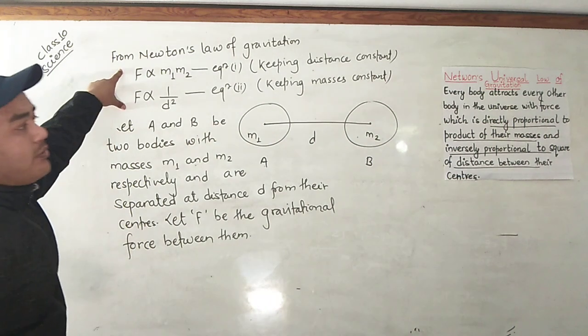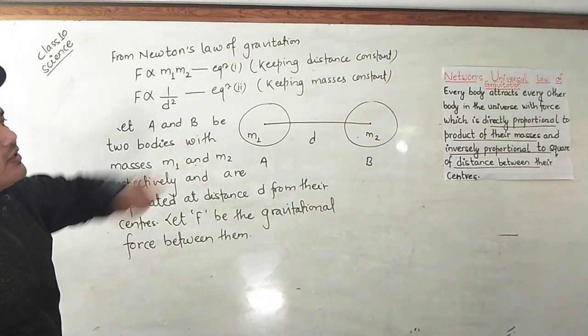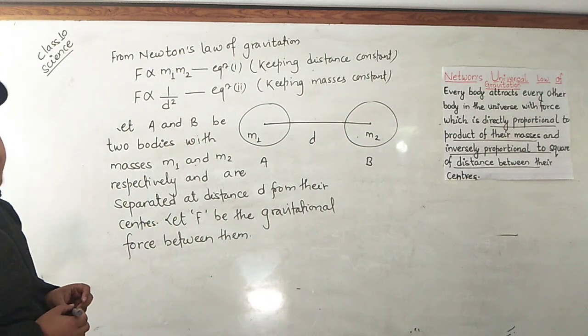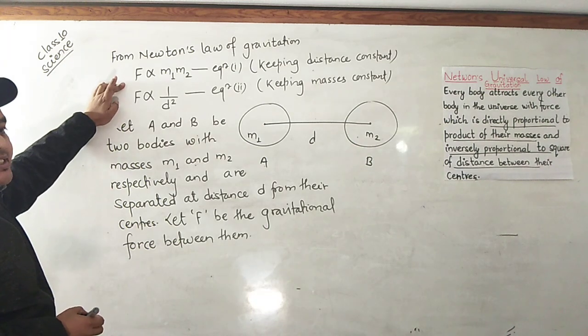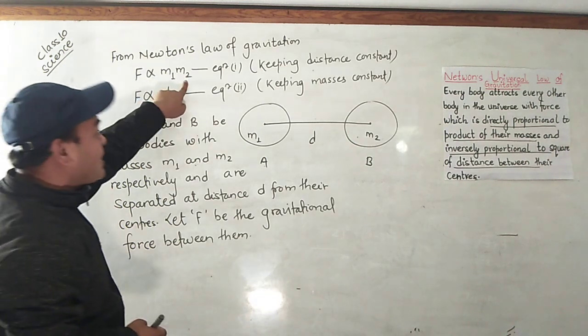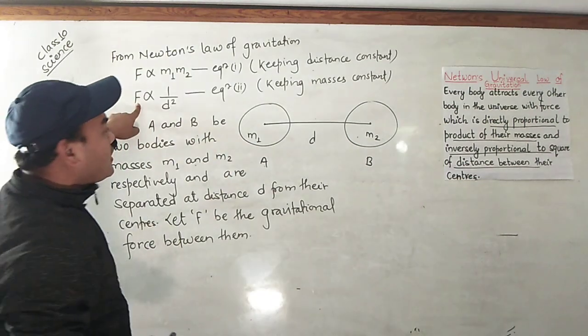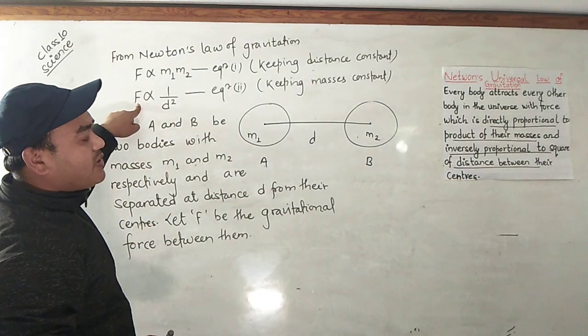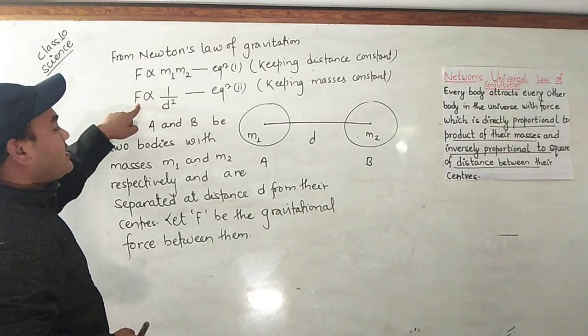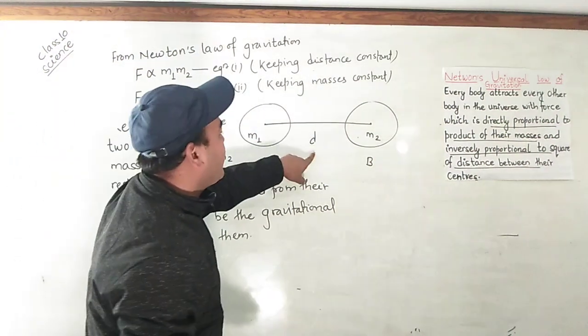So these are the two mathematical forms that Newton's universal law of gravitation states. That is, force is directly proportional to the product of masses, where we substitute the values m1 and m2, and inversely proportional to the square of distance between their centers, where we kept the distance d.